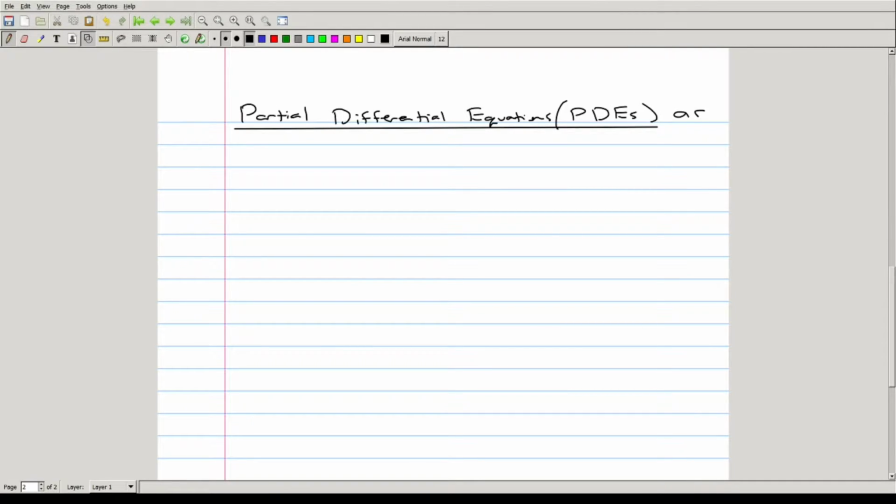So PDEs are differential equations with more than one independent variable.